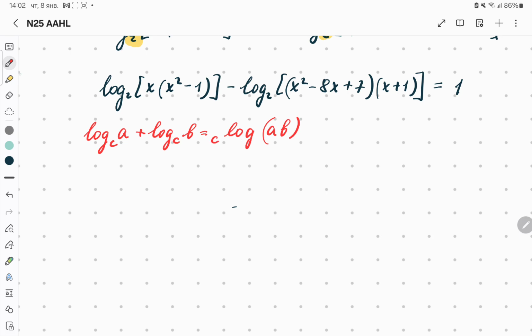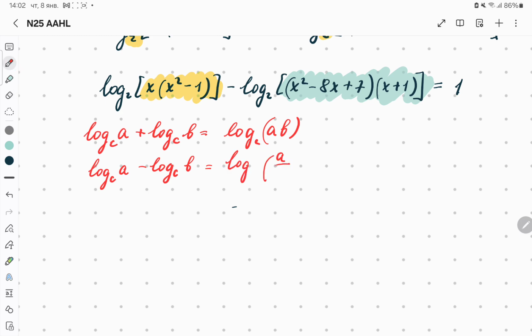Here we have this is our a, and this is our b, and here it is minus. It's not plus, so that's why we will use another formula. Logarithm base c: the formula about a over b.